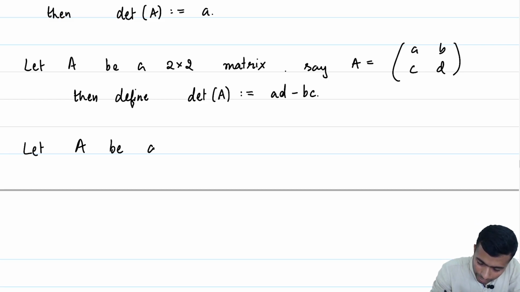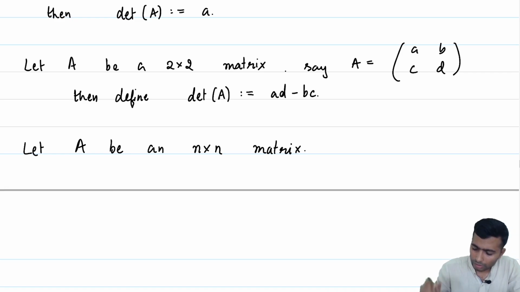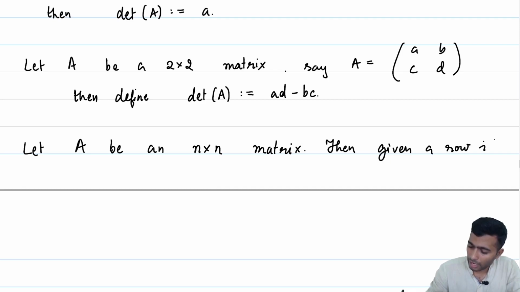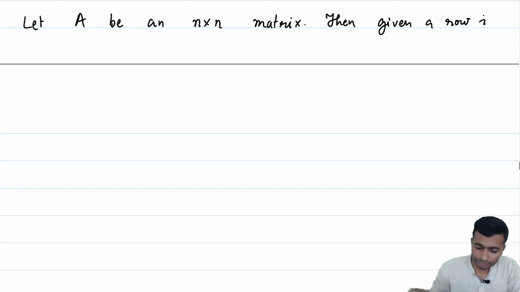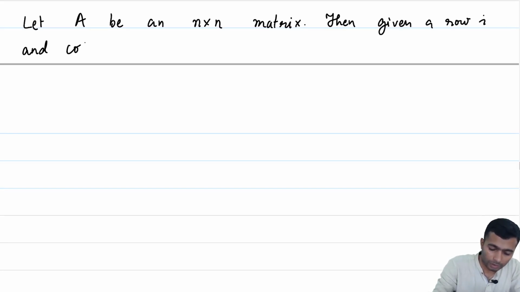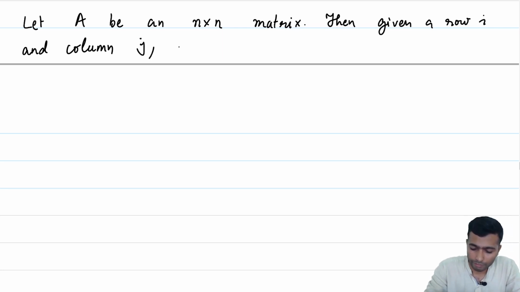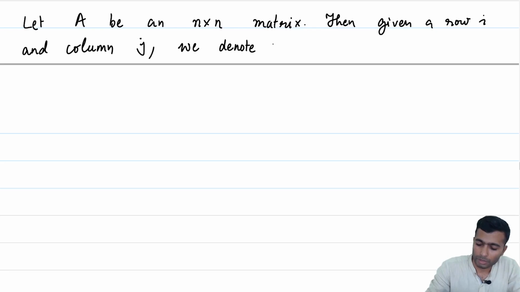So, let A be an n cross n matrix. Then, given a row i and a column j, we denote by A_ij tilde the minor.